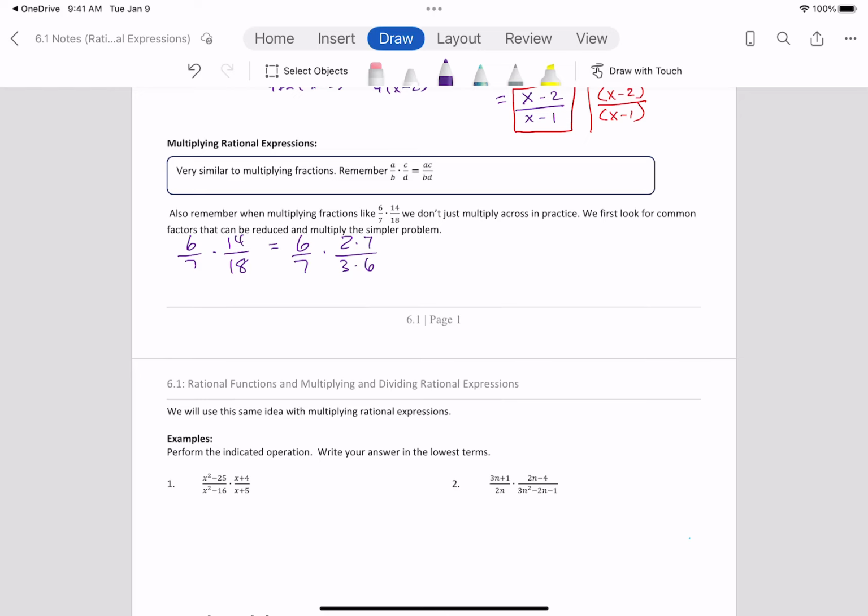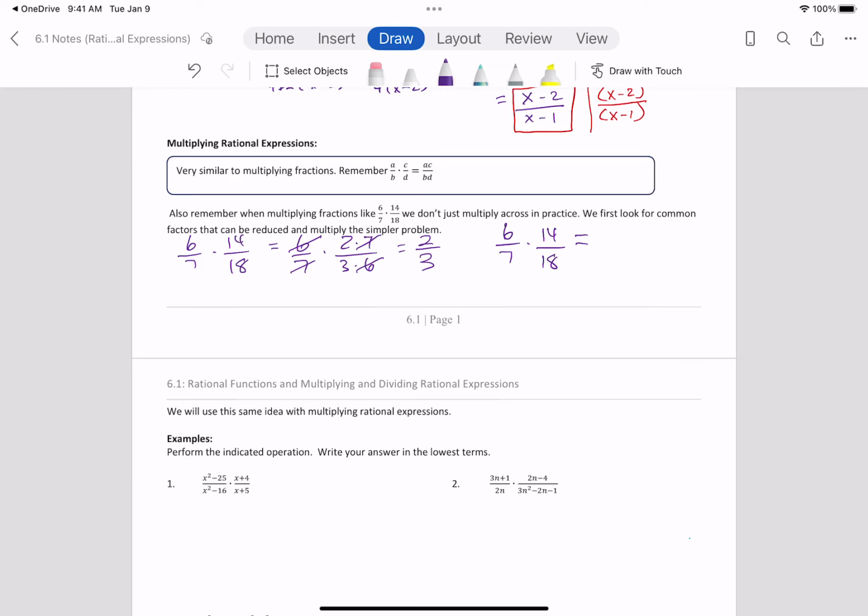And now we can see some common factors. I have a 6 in the numerator and denominator, and a 7 in the numerator and denominator, and that leaves me with 2/3.